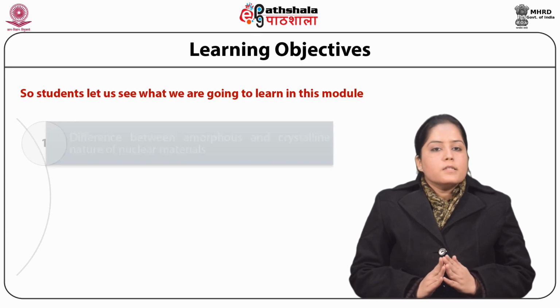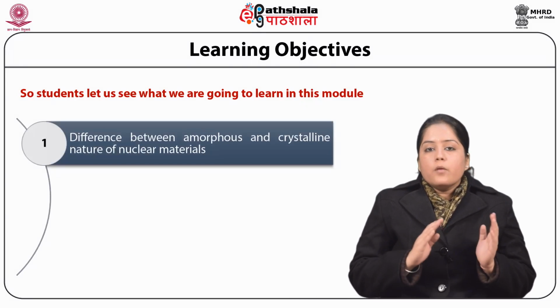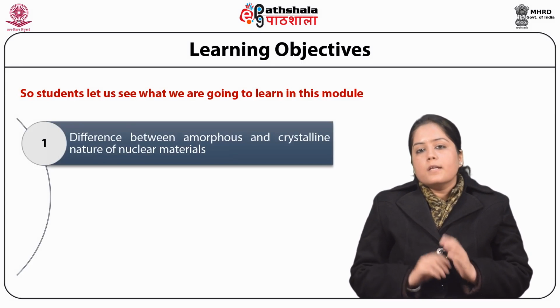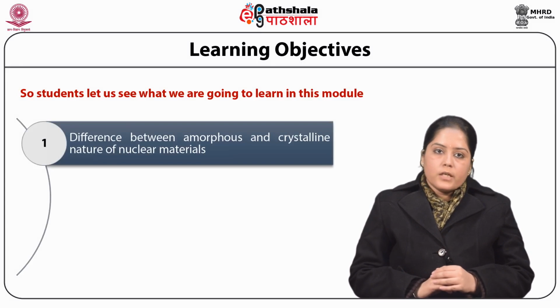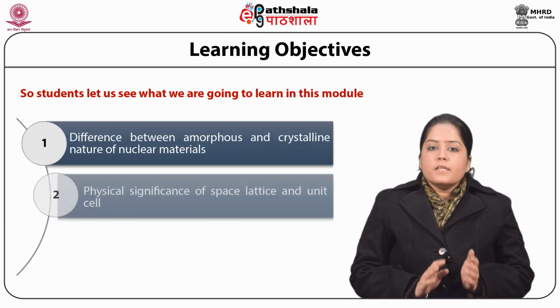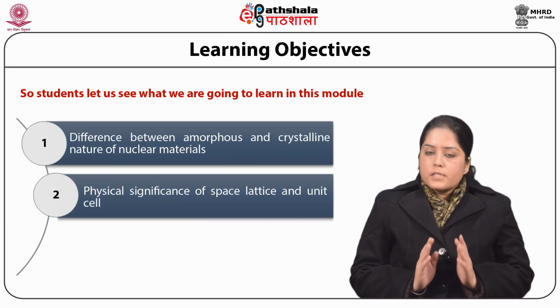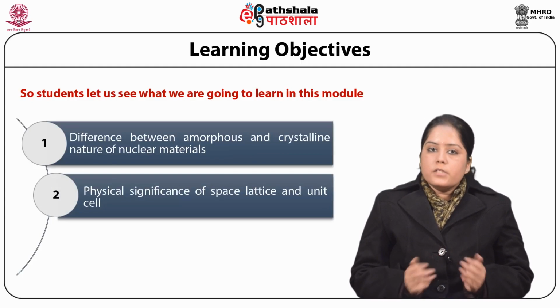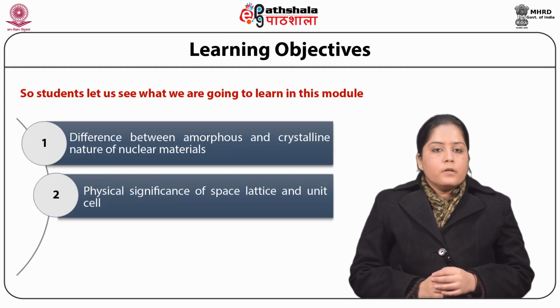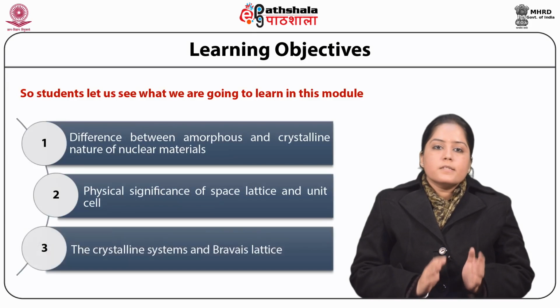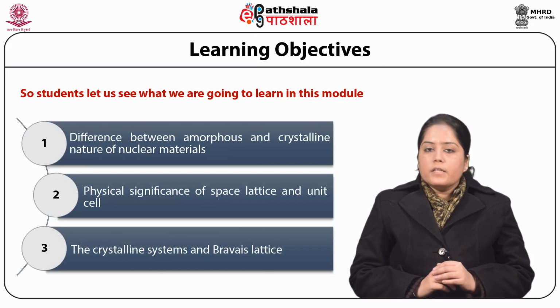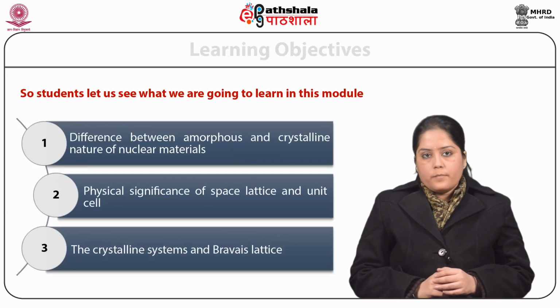First, the difference between amorphous and crystalline nature of nuclear materials. Secondly, the physical significance of space lattice and unit cell. Third, the crystalline systems and Bravais lattice.